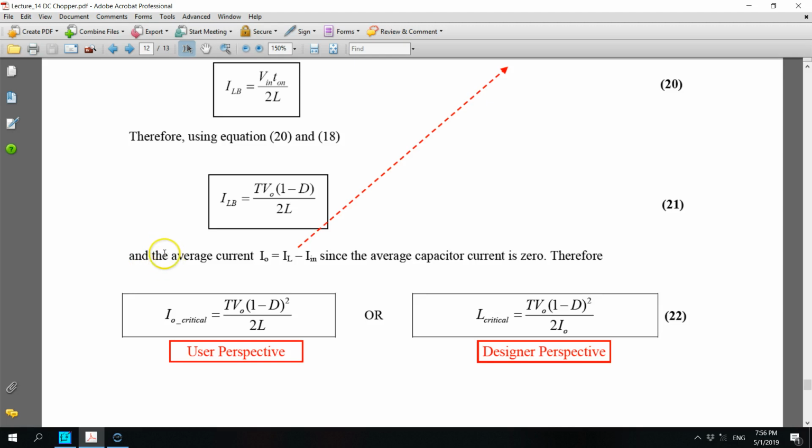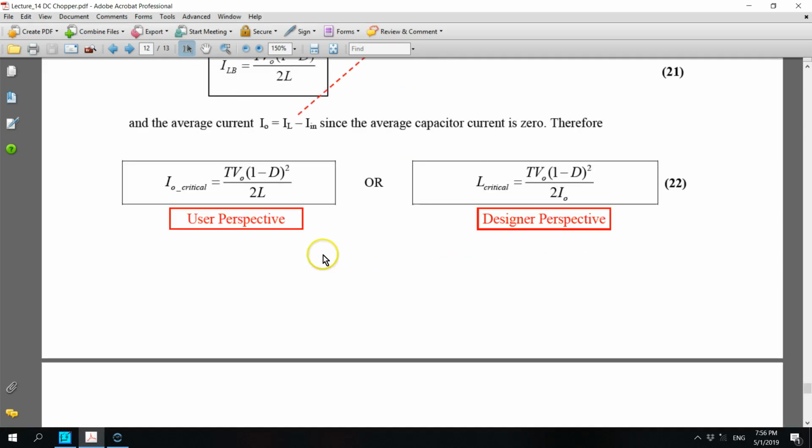And if you are a designer, you are given a specification from your customer, who needs a certain output current. So you know that the minimum inductor size that you can use is determined by this equation.